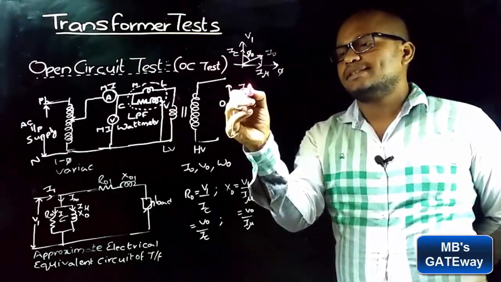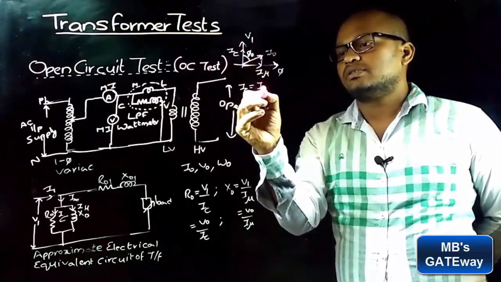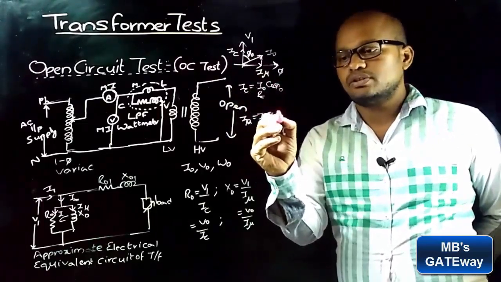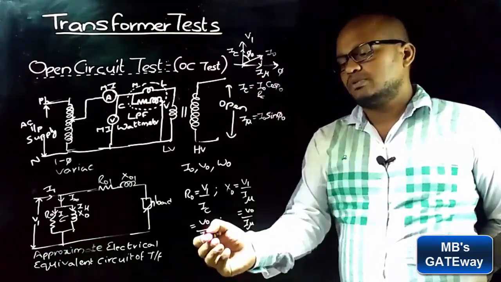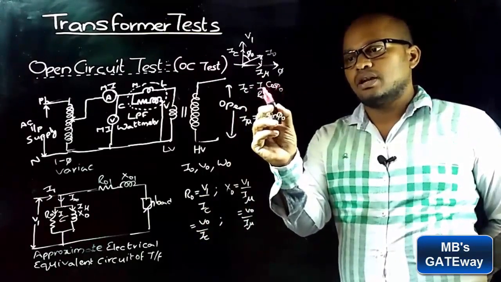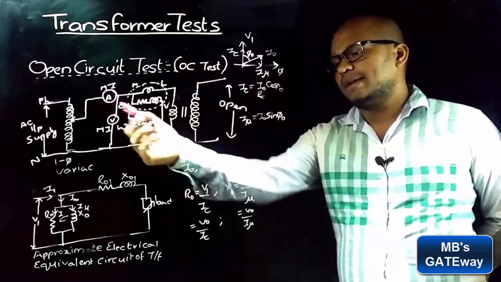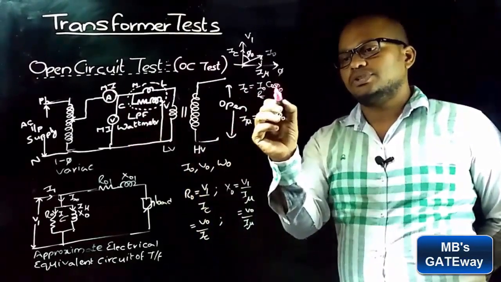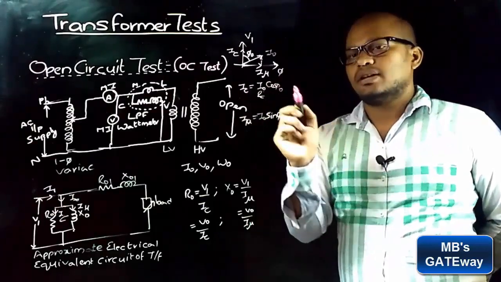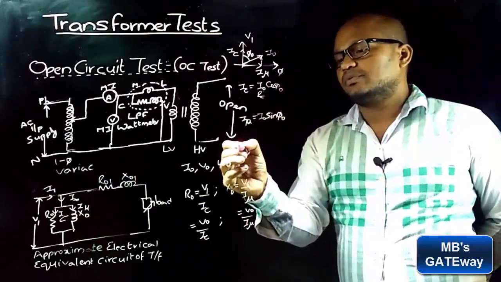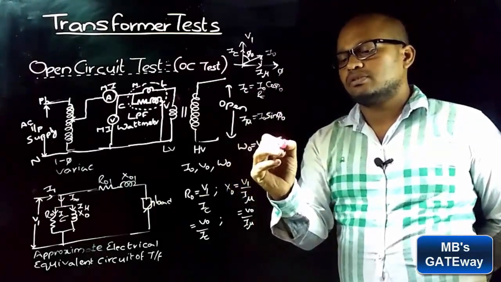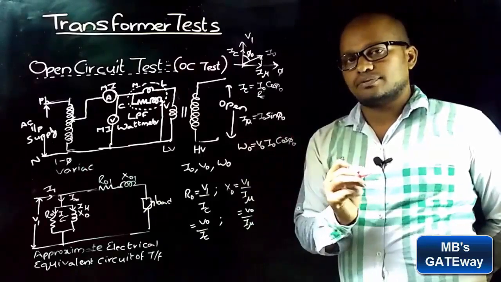So IC is equal to I naught cos phi naught, and I mu is equal to I naught sin phi naught. So to find IC, we need to know I naught and cos phi naught. I naught is given by the ammeter reading, so we need to find phi naught to find IC, and phi naught is found by the wattmeter reading. W naught is equal to V naught I naught cos phi naught.